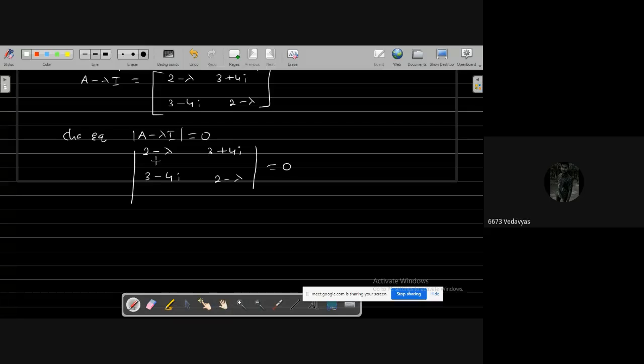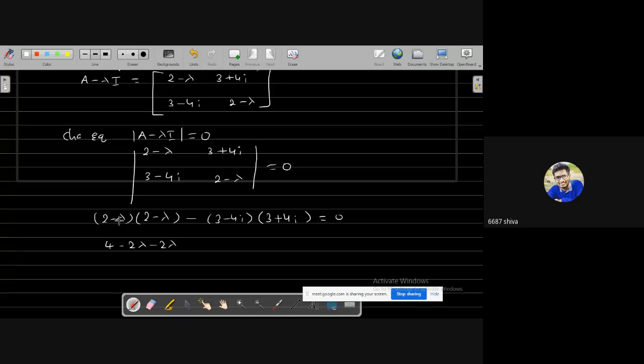Determinant is AD minus BC: (2 minus lambda)(2 minus lambda) minus (3 minus 4i)(3 plus 4i) equal to 0. Expanding, 2 times 2 is 4, minus 2 lambda, minus 2 lambda, plus lambda square.